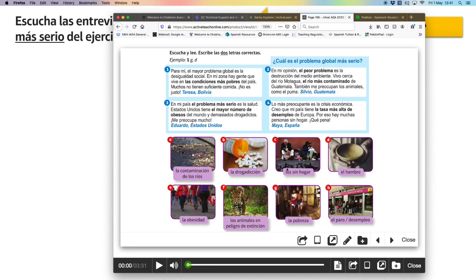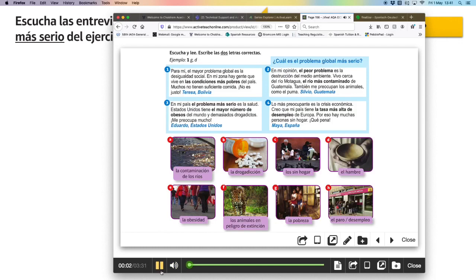So we listen to 3 people. And you just tell me which one is the most serious problem out of these ones. Not the problem that is mentioned, because they may mention more than one. You just want to know which one is the most serious one.